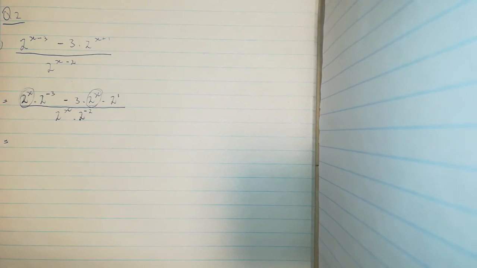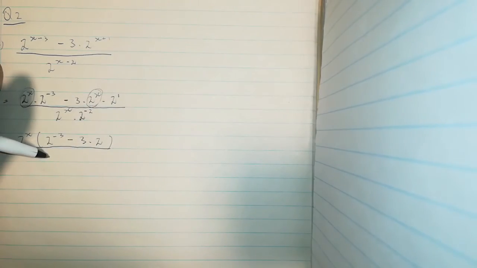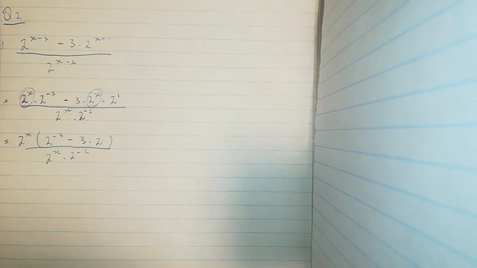So you can see I first break it down from these exponents, and now you can identify a common factor in the numerator. The numerator has a common factor, which is 2 to the x. You take out the common factor, and then you leave the denominator in its simple form.